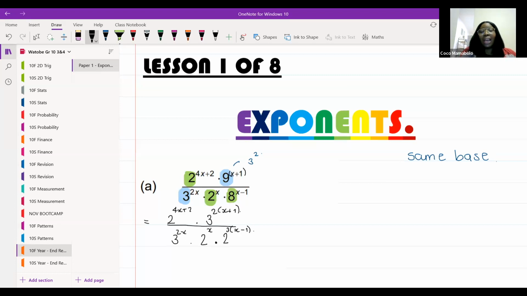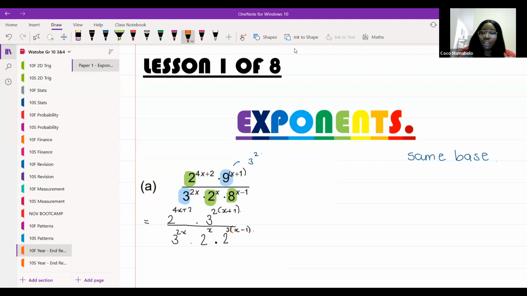All right, now, whenever I see brackets, what do I do with this number on the outside, guys? What do we do with the number on the outside? Yes, correct. We multiply in. Excellent.